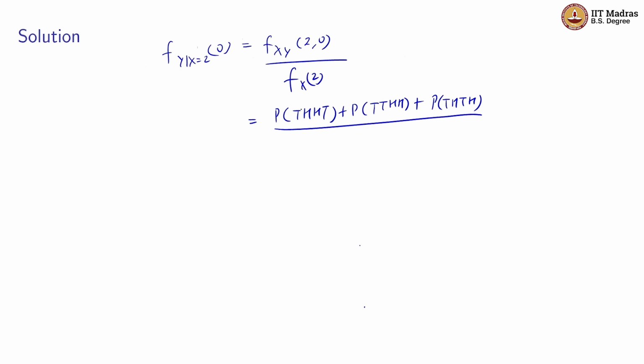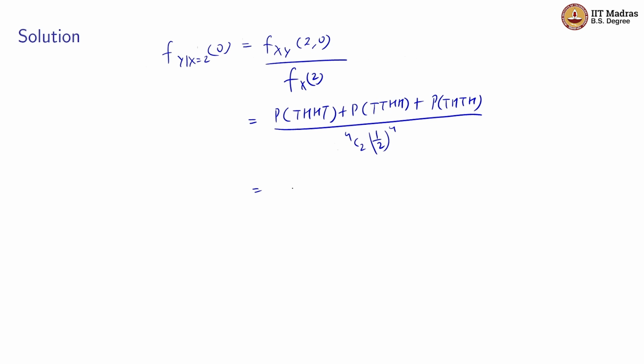And for the marginal x is equal to 2, this will follow a binomial distribution. This will be equal to 4c2 into 1 by 2 raised to the power 4 for getting 2 heads out of 4 flips, and simply just put the value of probability of getting these outcomes.